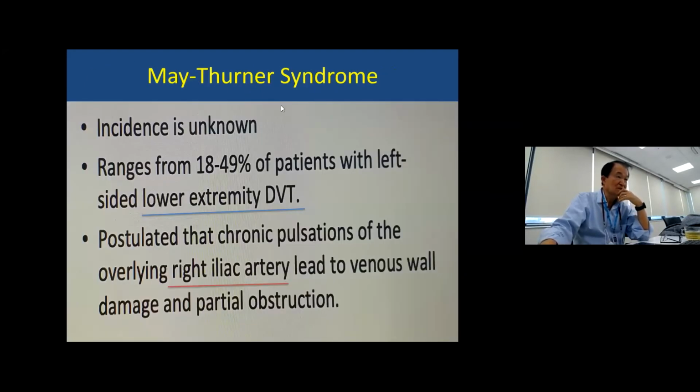May-Turner syndrome, we don't know the exact incidence, and it's usually on the left side, with the deep venous system contributing in about a third of cases. The overlying right iliac artery may lead to venous wall damage or partial obstruction. That's a postulation, nobody knows.